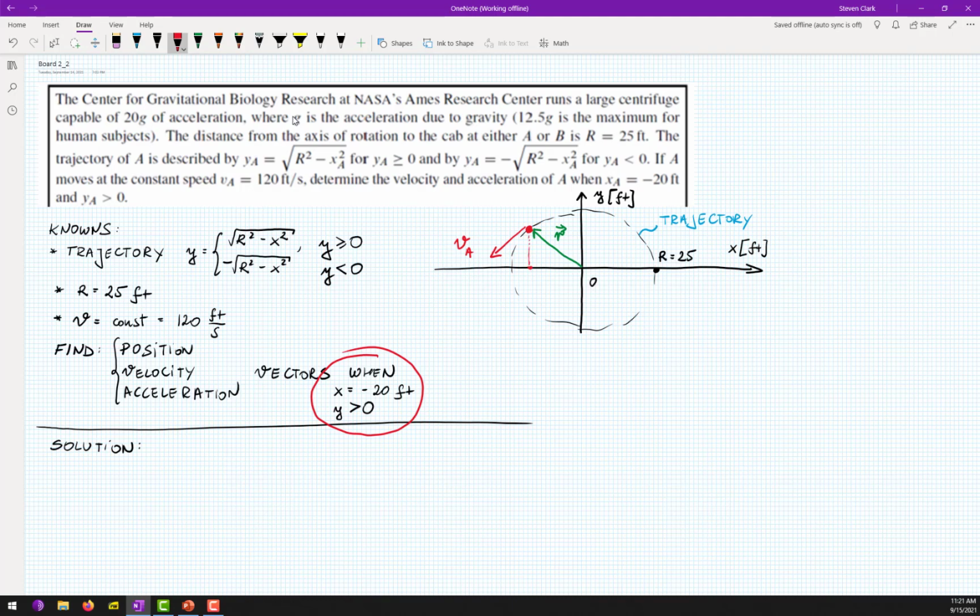Here is minus 20, and minus 20 is also here, but they told us that the y component should be positive. So basically, they told us that our point that was following this trajectory is at some point here. And they told us to give them everything about that point. By everything, I mean position, velocity, and acceleration. So our goal is to find these three vectors right now: r, v, and a.